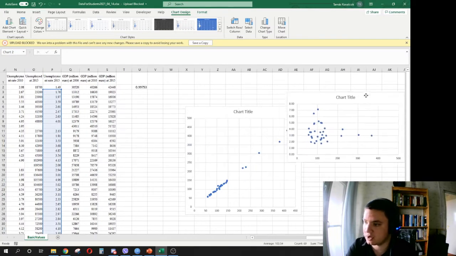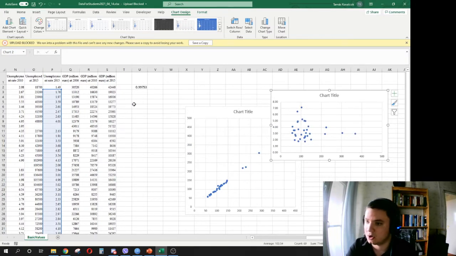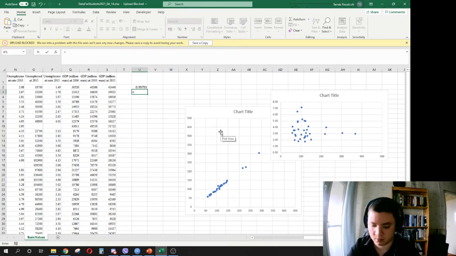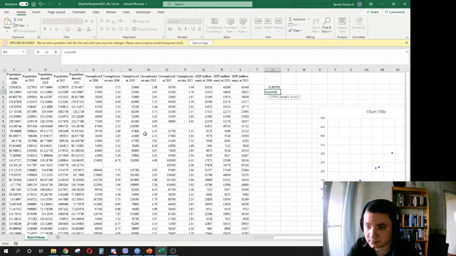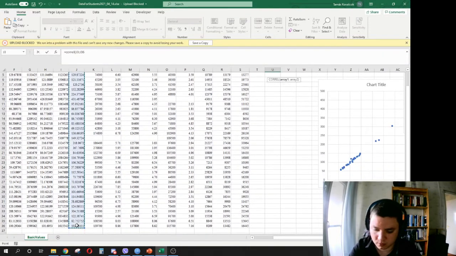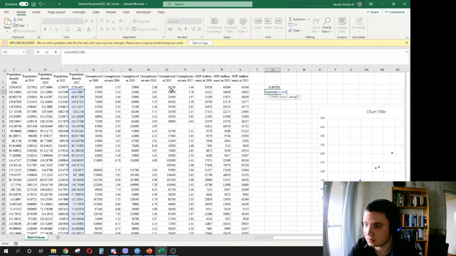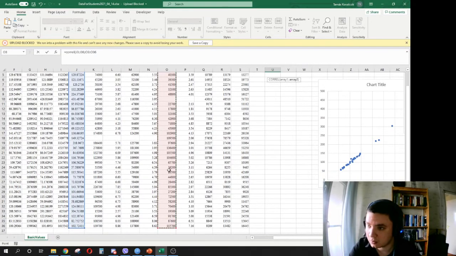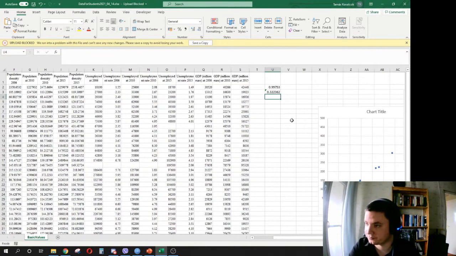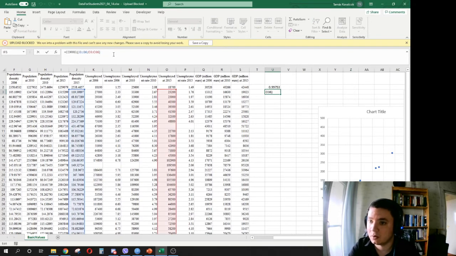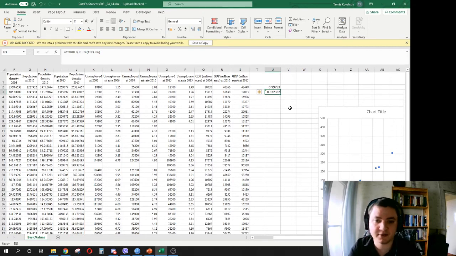Okay, so if we just make a correlation between these two, be careful not to select the outlier. Okay, and dot comma. Okay, close bracket. Yeah, we have a lower correlation rate.